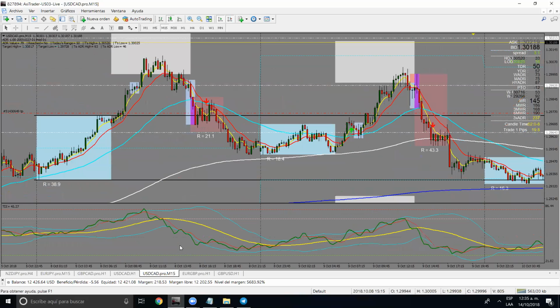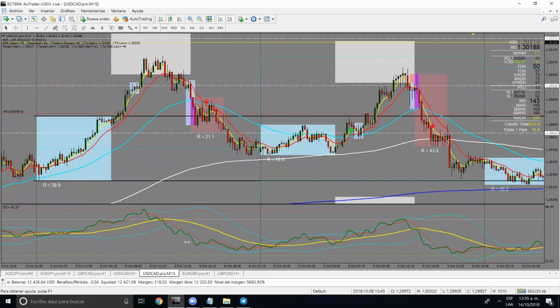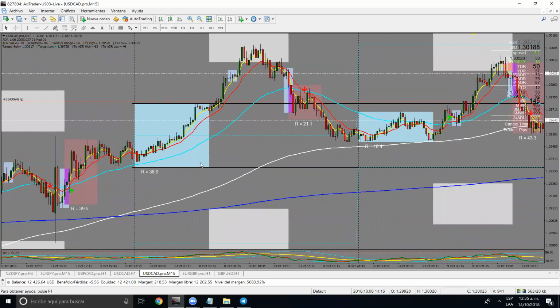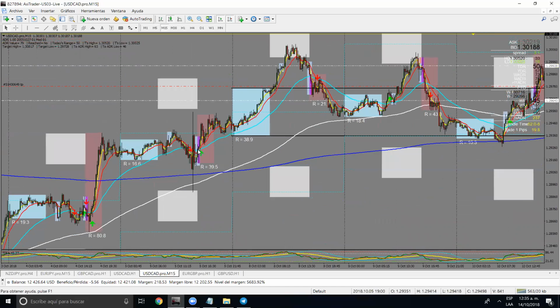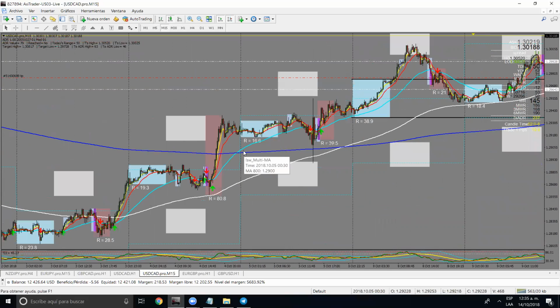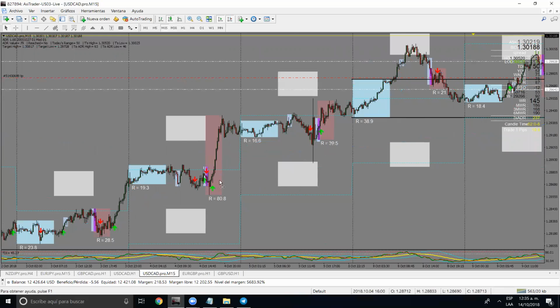Let's remove this indicator. Okay. First, we have in the template the start of the move. I'm going to remove some items, and after I'm going to explain the method.